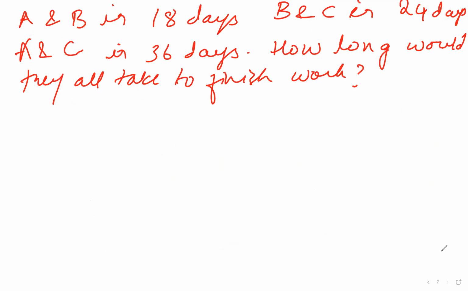Next, A and B can finish work in how many days? 18 days. So in terms of one day, it will be 1 over 18. B and C can finish the work in how many days? 1 over 24. Every time you have to convert it in terms of one day. How long would they all take to finish the work?